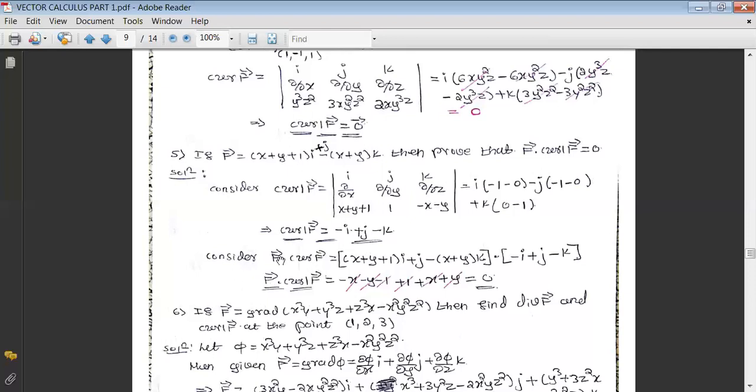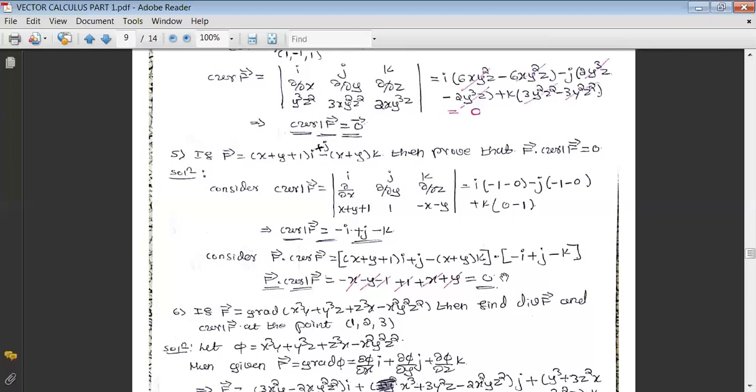Now let us consider the dot product between f bar and curl of f bar. F bar is given as (x plus y plus 1) i plus j minus (x plus y) k, dot minus i plus j minus k. For the dot product you multiply the corresponding components and add. The first component with the first component gives minus x minus y minus 1.